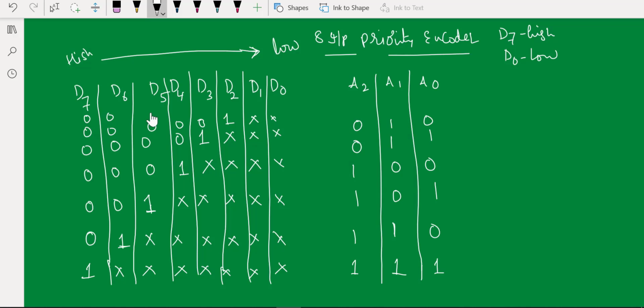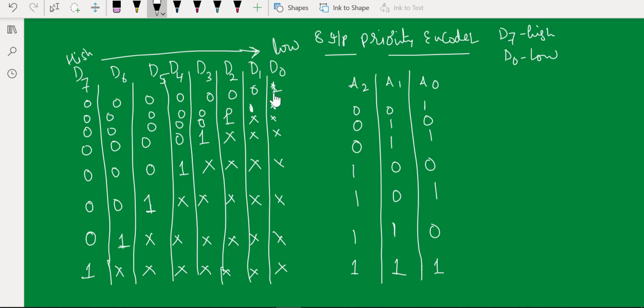And next, for D1 with don't cares, that will be 0, 0, 1. And next, when D0 is pressed, it just produces 0, 0, 0. So this is how your priority encoder produces output based on which input has the highest priority.